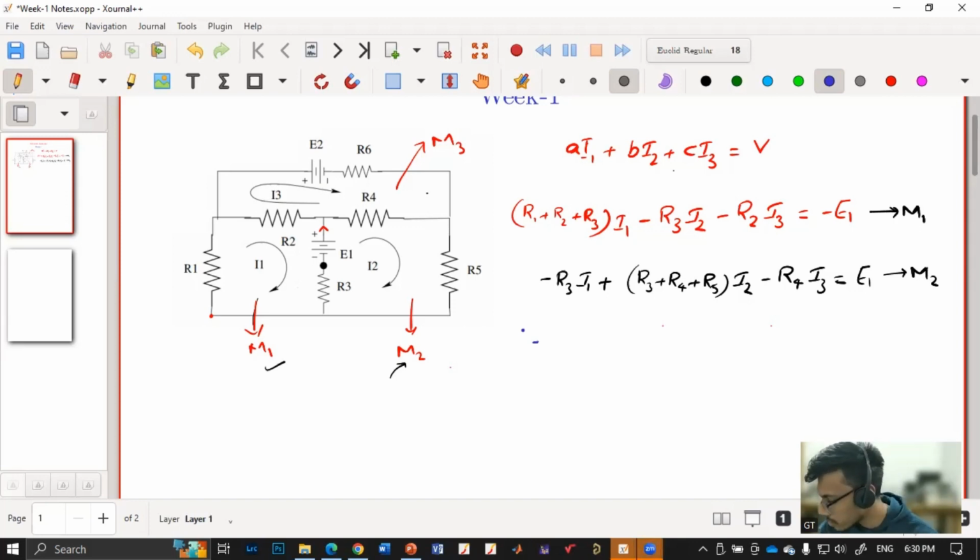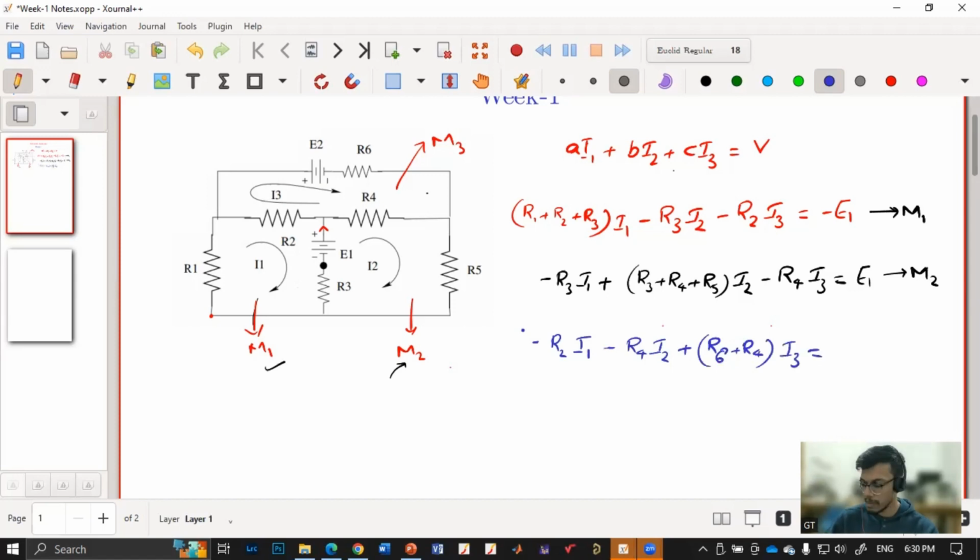So it is minus R2 into I1, minus R4 into I2, and then the sum of all the resistors, which is R4 plus R6 into I3, equals the voltage.